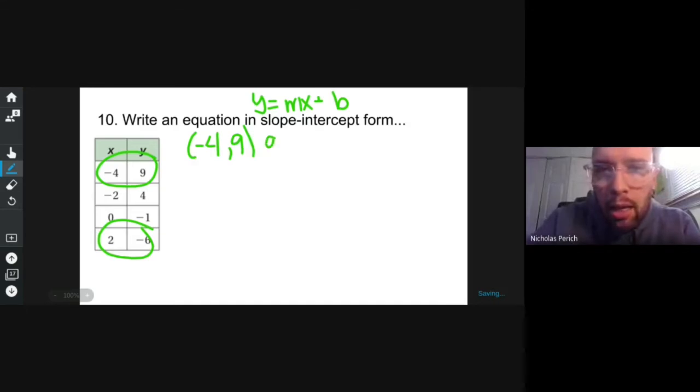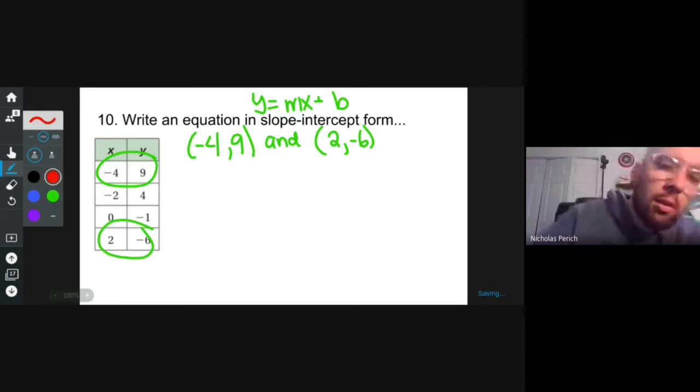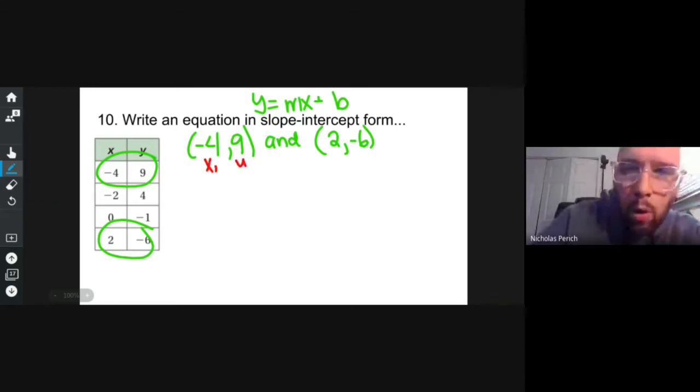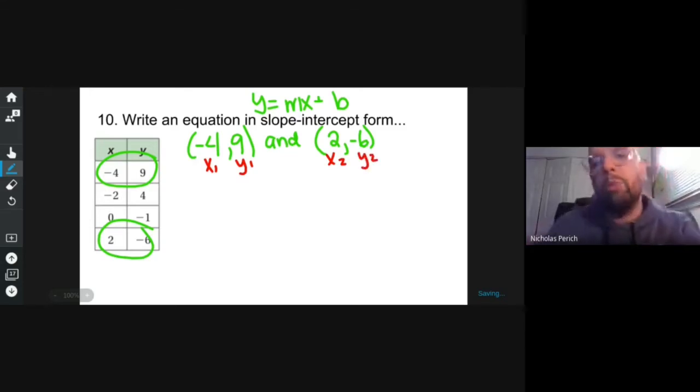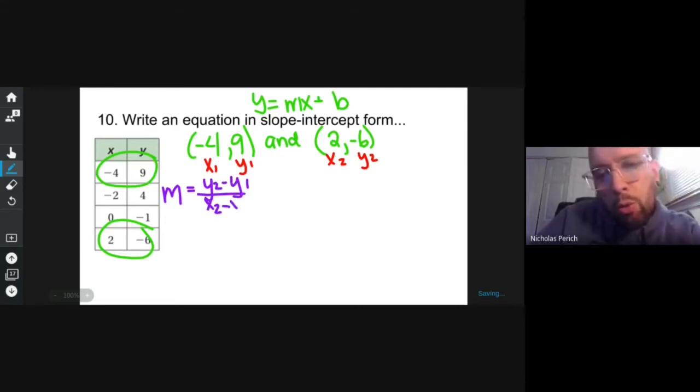So I have negative 4, 9, and 2, negative 6. I'll label those points x sub 1, y sub 1, x sub 2, y sub 2. M equals y sub 2 minus y sub 1 over x sub 2 minus x sub 1.